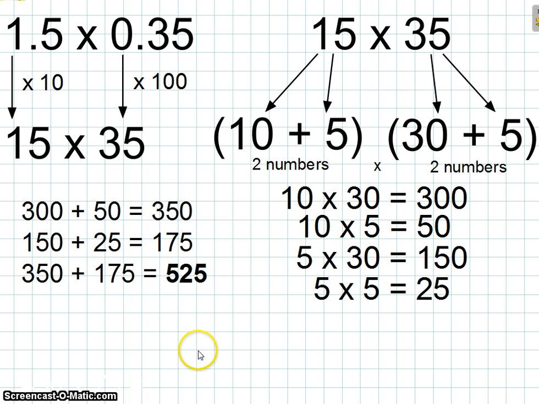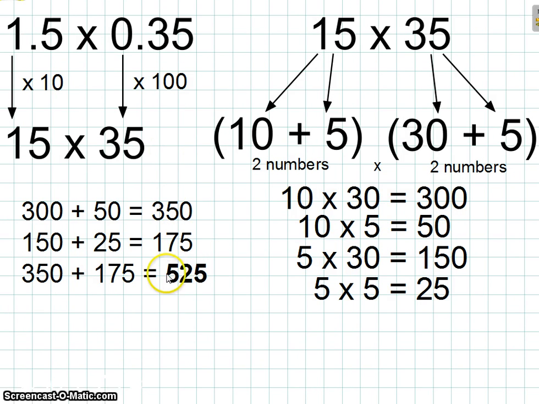Next, however, we're actually not done here. We're still trying to find the product of the original question, which was not 15 times 35, but 1.5 times 0.35. If we look at this part very closely, when we changed the original question into this, we multiplied it by 10 and 100, which together makes 1,000, right? 10 times 100 is 1,000.